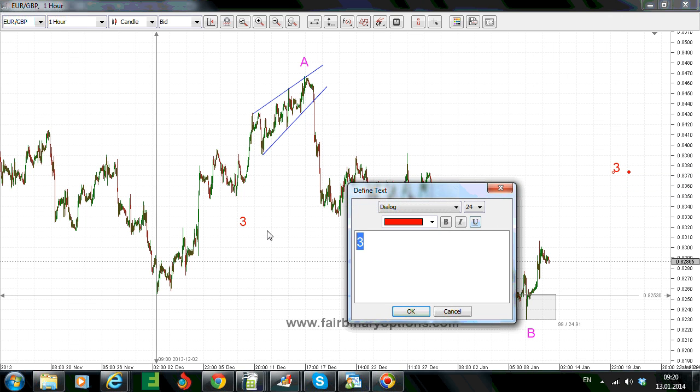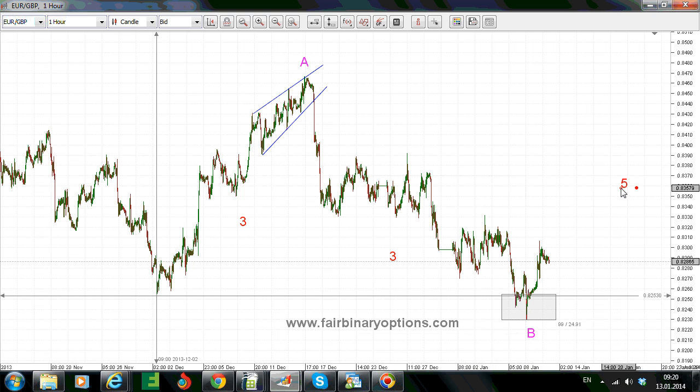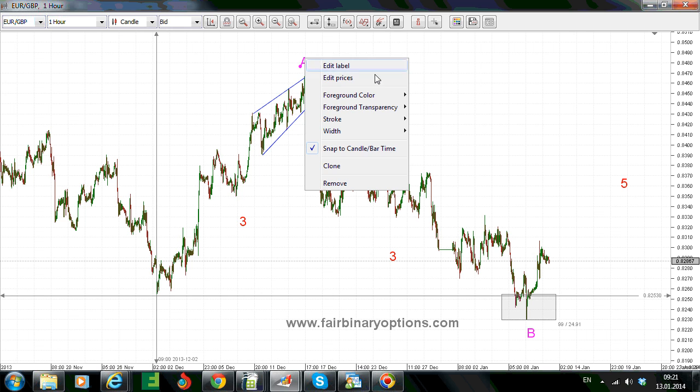Now there are specific rules for an irregular flat and specific requirements to look for, but if this is a three-wave move, then normally it should be labeled A, B, C to the upside, but of lower degree.